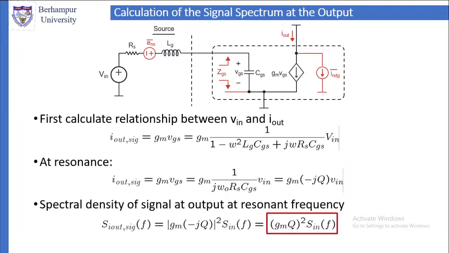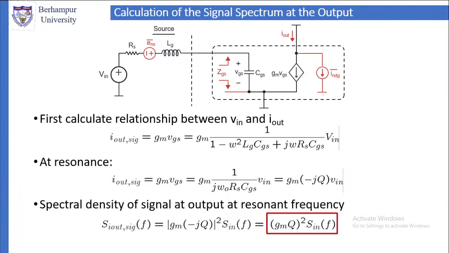So putting those things, the I out signal is equal to gm Vgs, that will be gm into Vin by j omega 0 Rs into Cg. So that will be equal to gm into minus jQ into Vin.